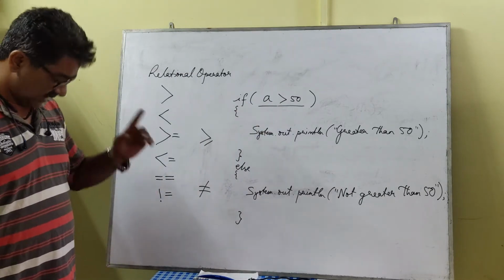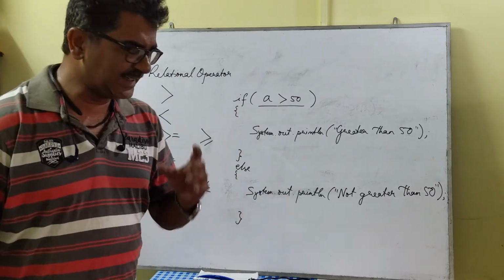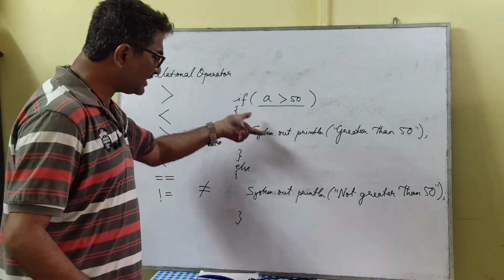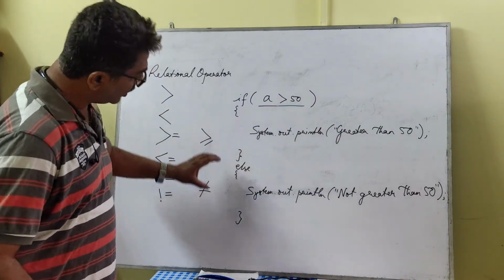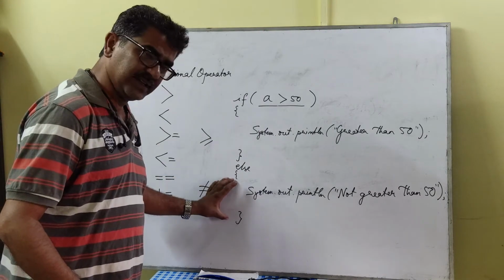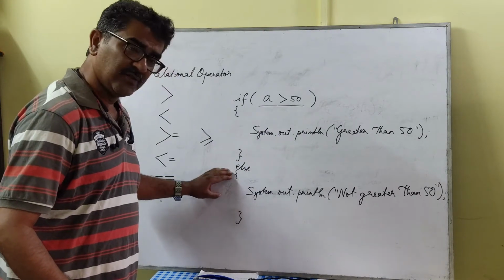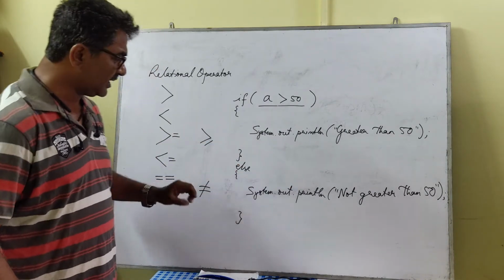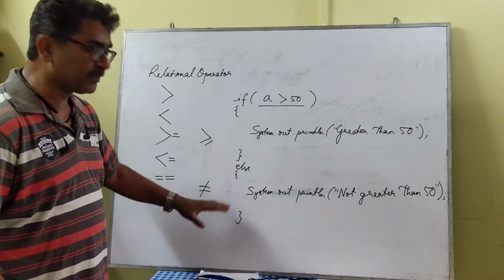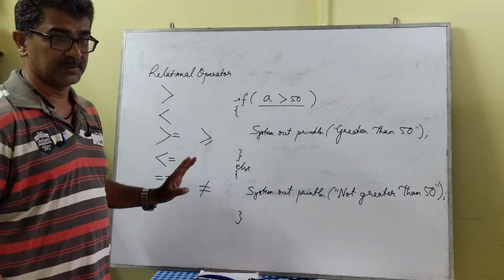statement. One point to be noted: in case there is only one statement to be executed for the condition to be true, or similarly if there is only one statement to be executed for the else statement, if there is only one statement inside this block, giving braces is optional.